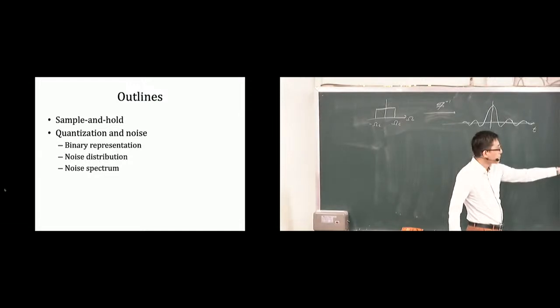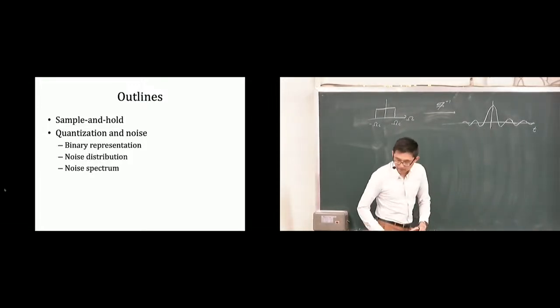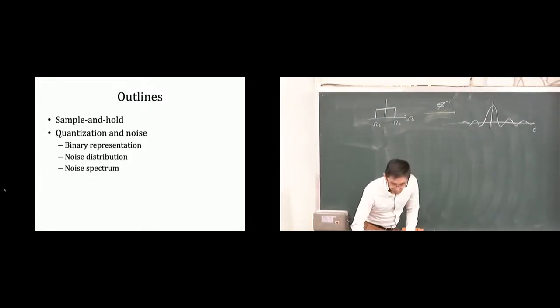When we represent numbers by binary representations, we will encounter noise. And we will study the noise property, its distribution and its spectrum. Two different ideas. So with that, let's talk about sample and hold first.